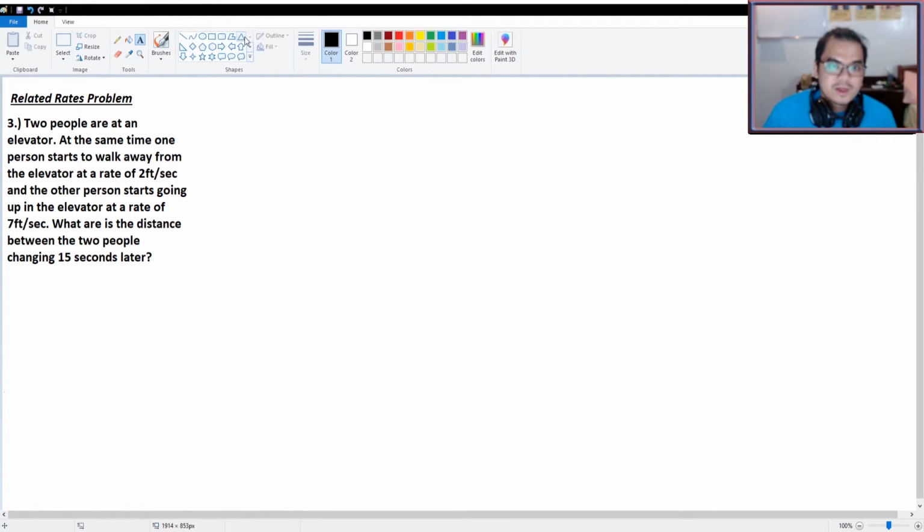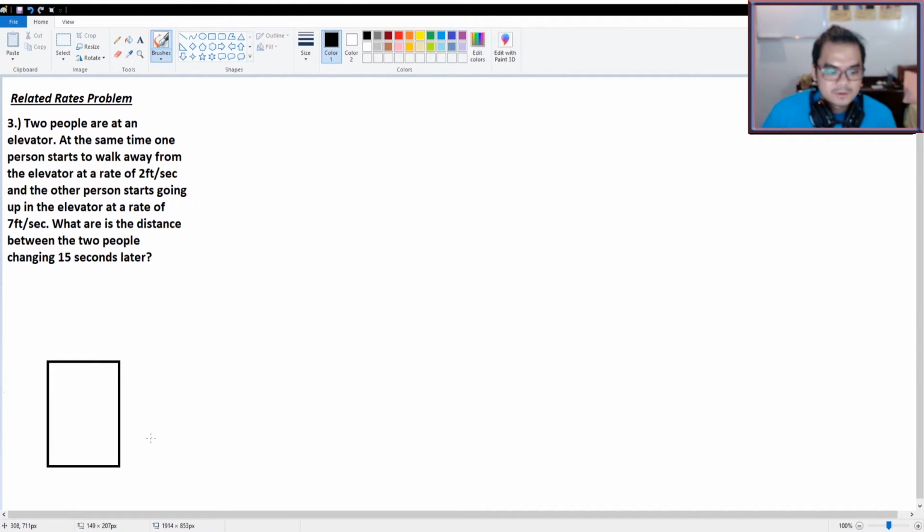Okay, so what will happen here is we have an elevator. Let's just draw an elevator. So let's say that this is the elevator, and there are two persons at the elevator.